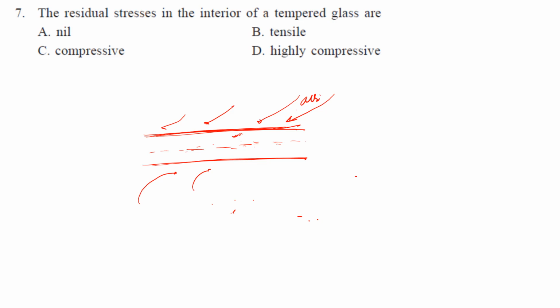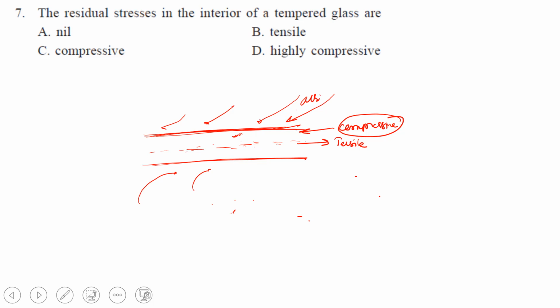So that's why in the middle there is a tensile stress, and on the outside it is compressive. Right, so this also makes the silicate glass very tough. So from here you can see in the interior it is tensile.